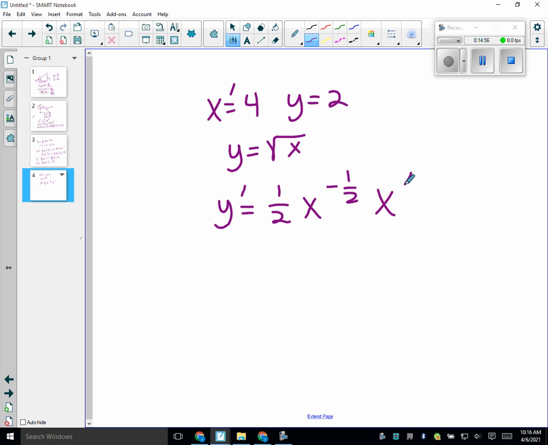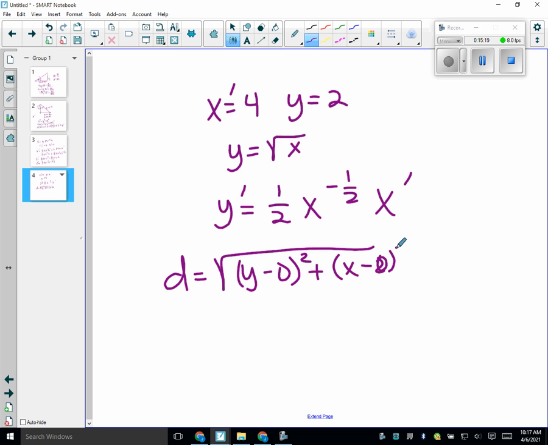Okay. So now we're ready to go to B. How fast is the distance from the particle to the origin changing? How do I find distance? Is distance equal to y minus 0 squared plus x minus 0 squared?